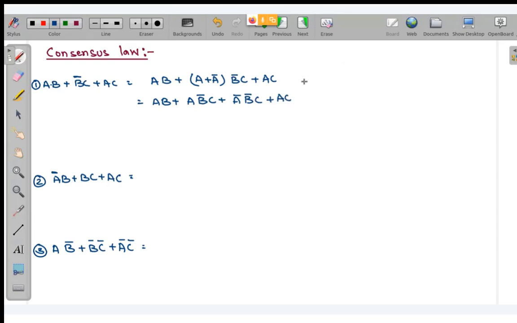Okay. So now what can I do? I can club these two and I can club these two. So look what will happen. Okay, I cannot club these two. Oh, wait. I need to club something different. So here B bar C. Okay, I can club these two.